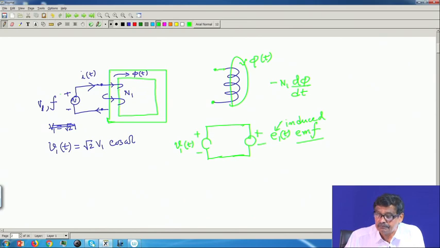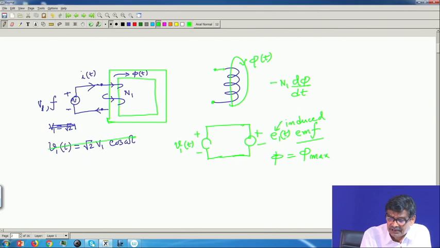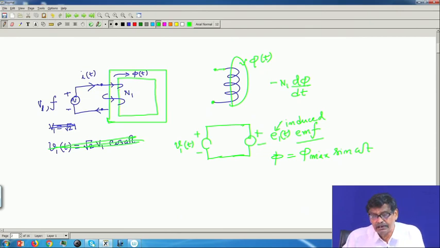What else? Now, you see this flux will be some phi max. Let us forget about this cos omega t, sin. Suppose I start with phi equal to phi max sin omega t. Why am I assuming this? Because the circuit cannot but draw sinusoidally varying current.